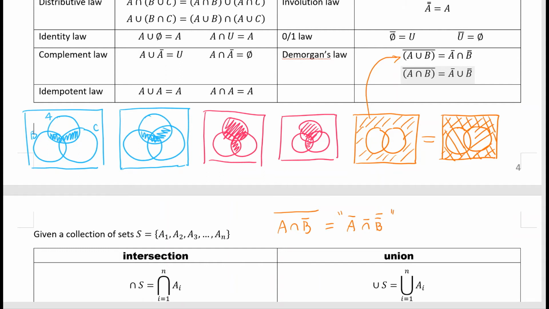You distribute the complements, and then A complement stays there. Remember the complement flips the union and intersection? It was intersection, now it became union, and B complement is B. So you get this guy very quickly without going over the Venn diagram.